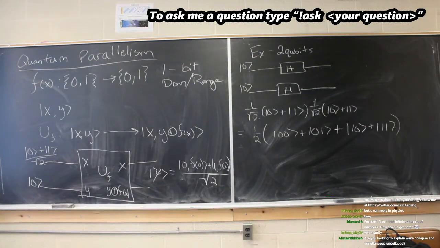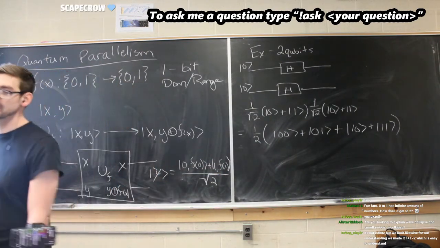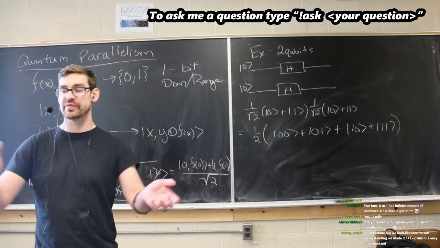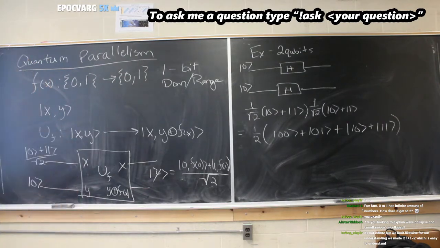Alistar, are you looking to explain wave collapse and simultaneous uncollapse? No. The only thing that's simultaneous is putting through multiple pieces of information. You're basically taking a function, making it into quantum information, and then evaluating all of those simultaneously.